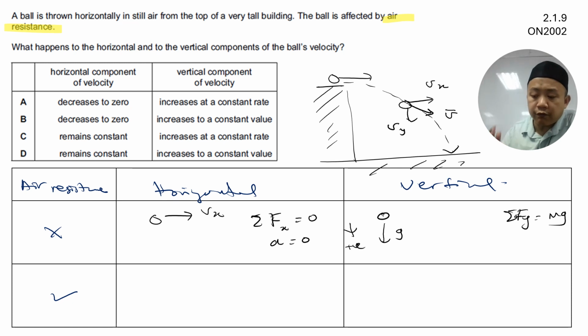There's no force acting in the horizontal component. That is why the acceleration is zero. When acceleration is zero, the velocity will always be constant throughout, which obeys Newton's first law. When there is no external force, the ball will remain either at rest or at constant velocity. So these are the two cases when you have no air resistance in the horizontal component.